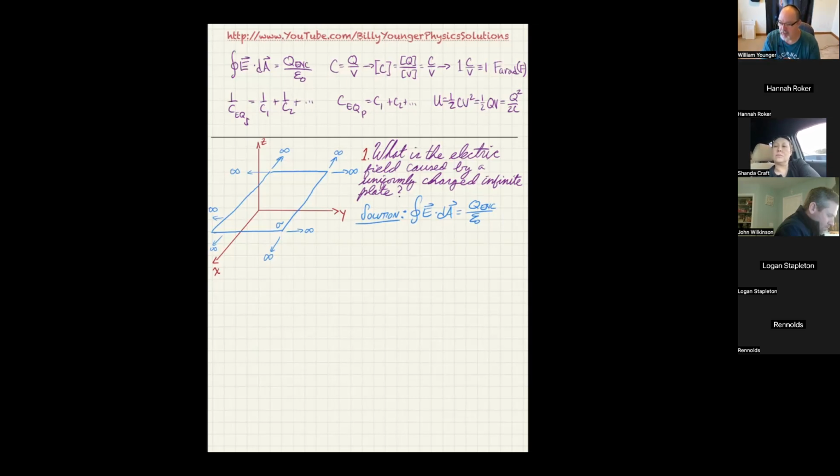The Gaussian surface always has to have some number of surfaces that all have the electric field constant and perpendicular to them, and all the other surfaces have to have the electric field more or less parallel to the surface so that the dot product becomes zero. Okay, so can anybody think of a shape, a plane of some sort, or a surface of some sort on which the electric field caused by this plane would be constant? Feel free to type it in if you want to do it that way.